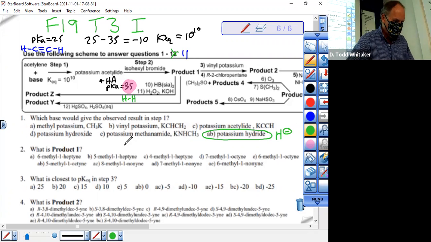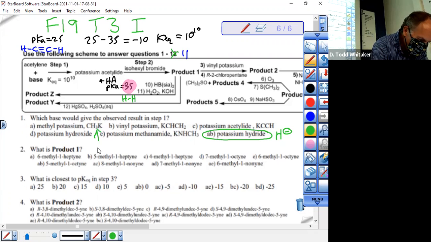KEQ for the first one, CH3 minus will become methane with a pKa of 50. 25 minus 50 is negative 25. So KEQ is equal to 10 to the 25. This goes to an alkene.